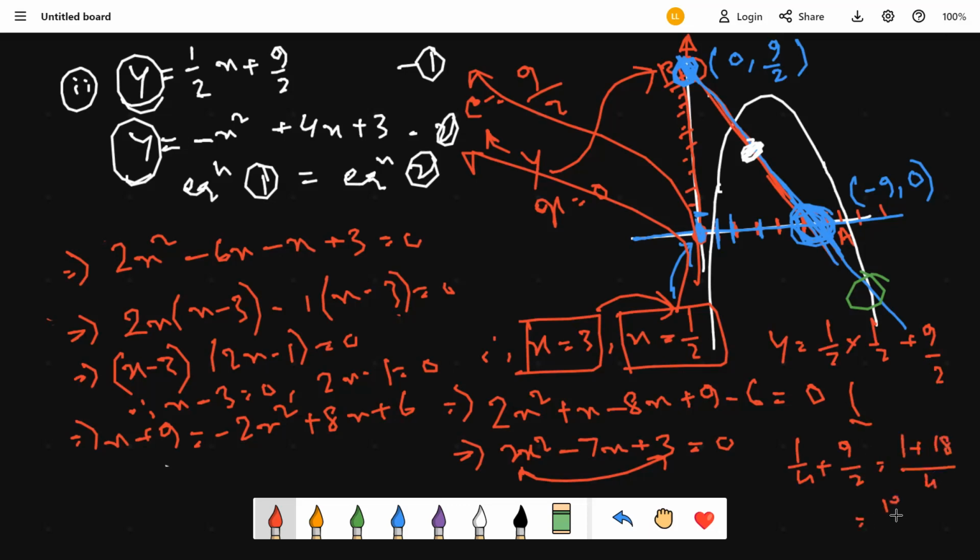So that gives us 19 over 4. So finally, we have the coordinate which is half and 19 by 4. That should be the coordinate at which both the normal and the curve meet each other. Okay, so that's one of the question paper questions.